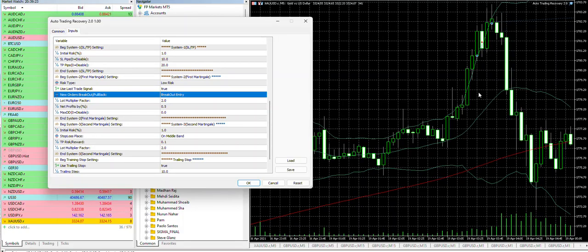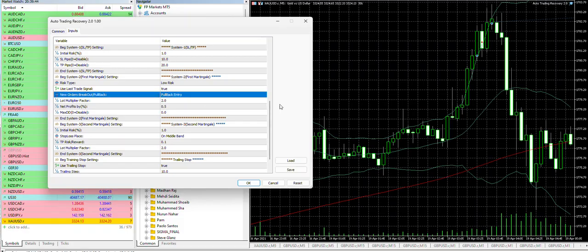If we have a buy trade here and we put another buy trade, it must be higher than the previous one by a specific value. It's not just high, it takes a range and it must be a specific value, then it enters a trade.